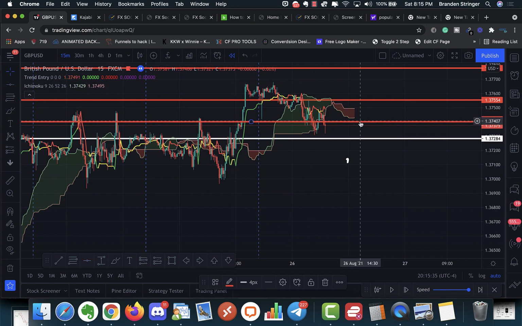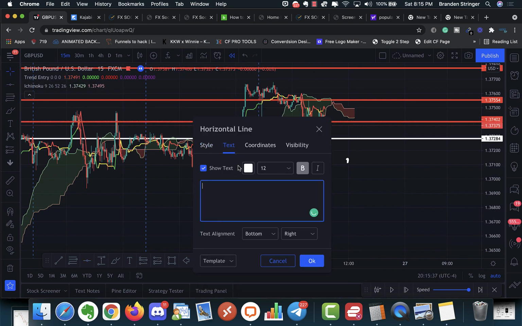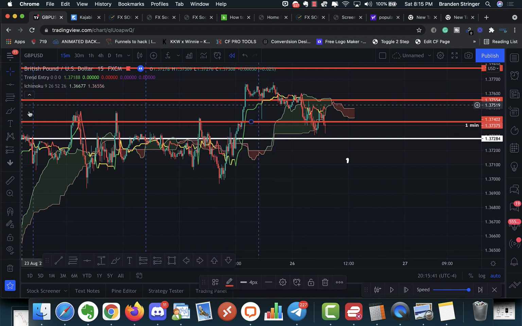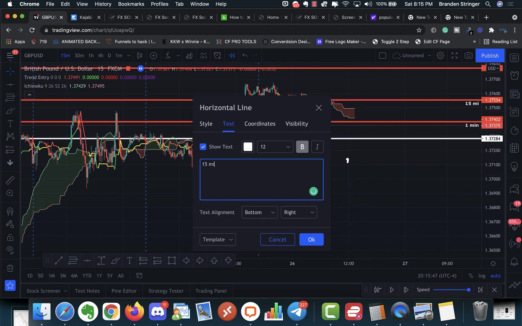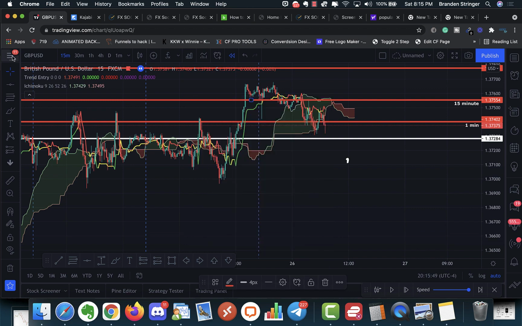We're gonna call this the 1 minute stop loss, this the 15 minute stop loss, and this the 1 hour stop loss.